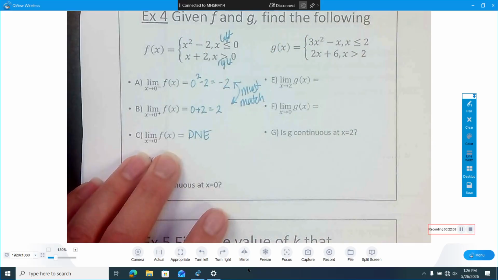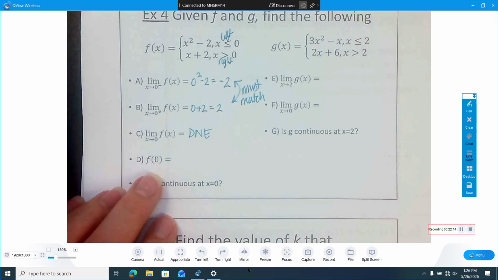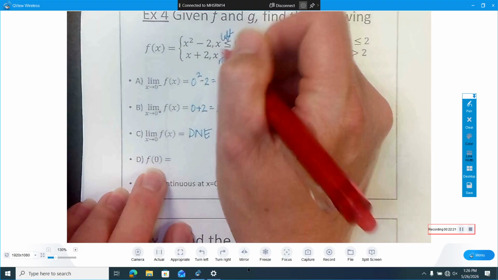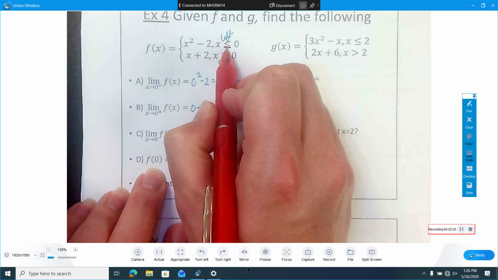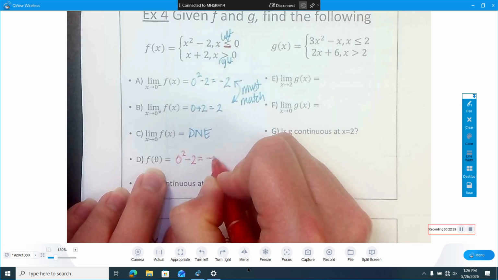The limit from the left and the limit from the right must match in order for the limit from both sides to exist. What is f evaluated at 0? How do we figure that out? Yeah, that 0, we're only allowed to equal 0 on this top equation where x can equal 0. So we plug it into the top equation there, and we get -2.